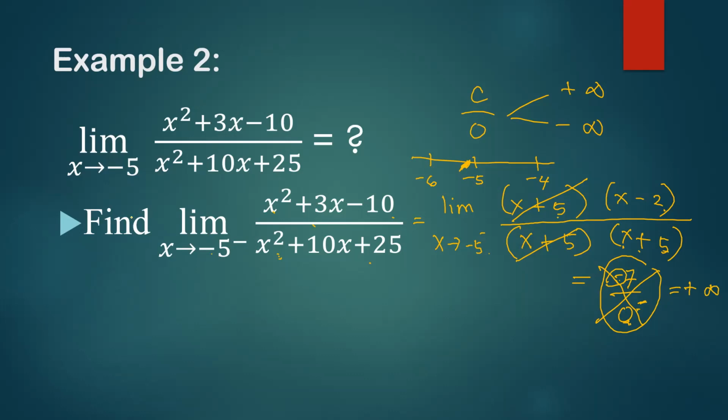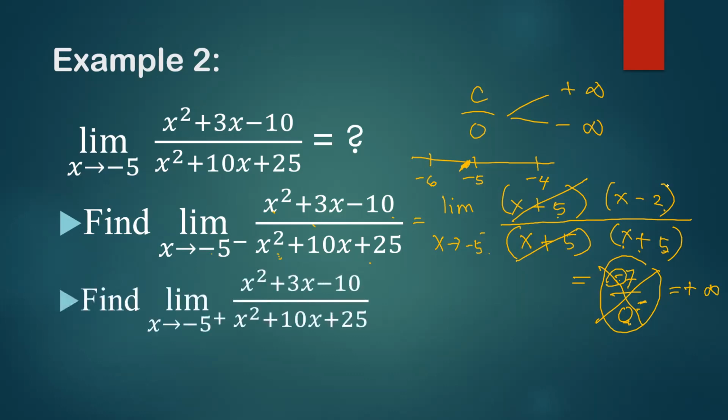And more or less, we can predict since magparehas lang naman po yan, we'll arrive at the same x minus 2 over x plus 5. Yan. As x approaches negative 5 from the right this time, di ba? Magiging kinonsider na natin nag-cancel yung x plus 5. Okay? Parang dinivide na natin both of this by x plus 5.